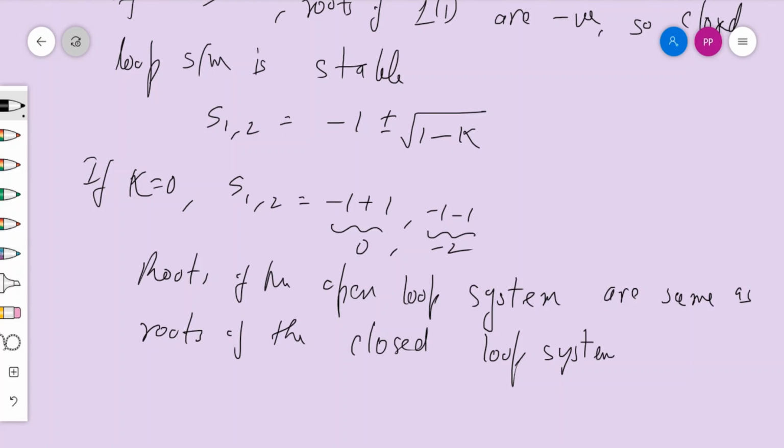So now you will follow how, with the variation of k, the characteristic of the closed loop system is varying from the open loop system.